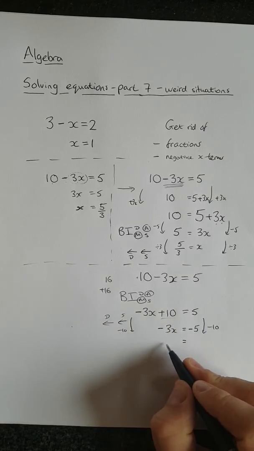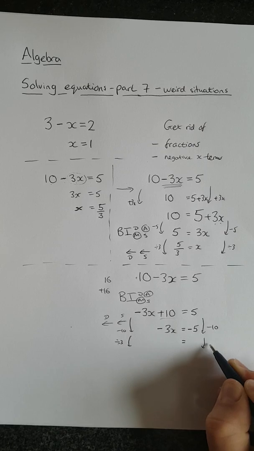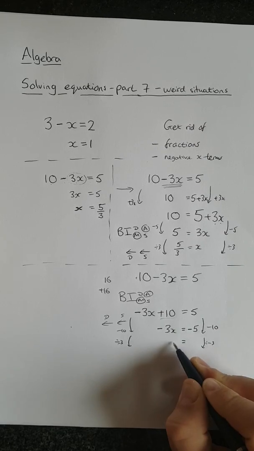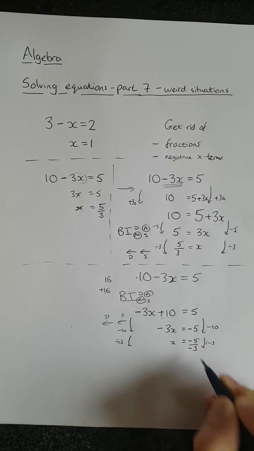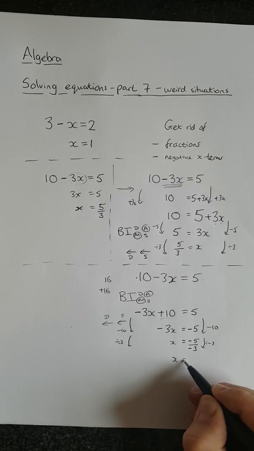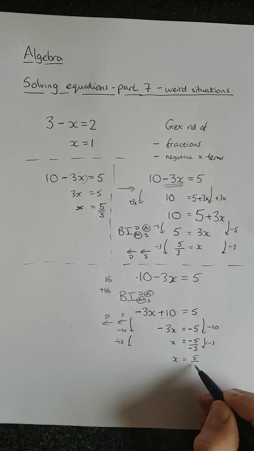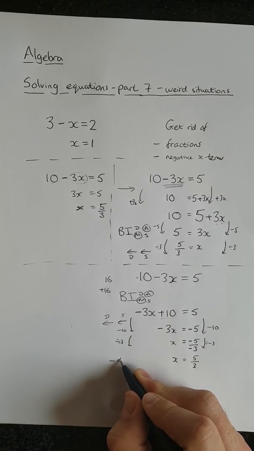Now I'm dividing. So I'm dividing by minus 3. If both parts are negative, it's the same as if both are positive. And I'll show you why.